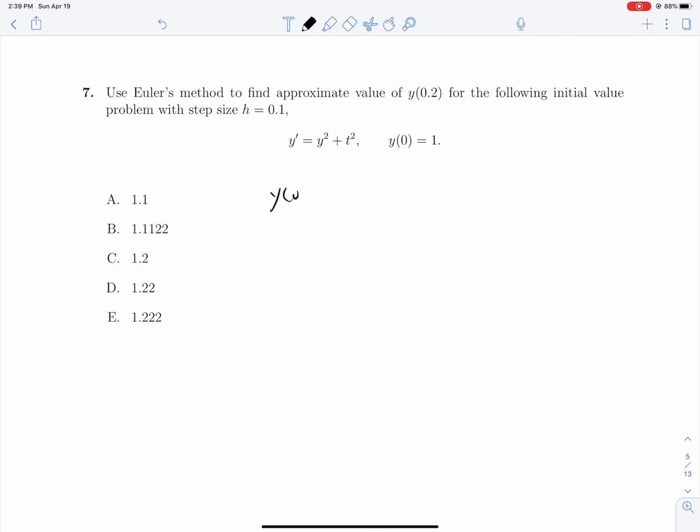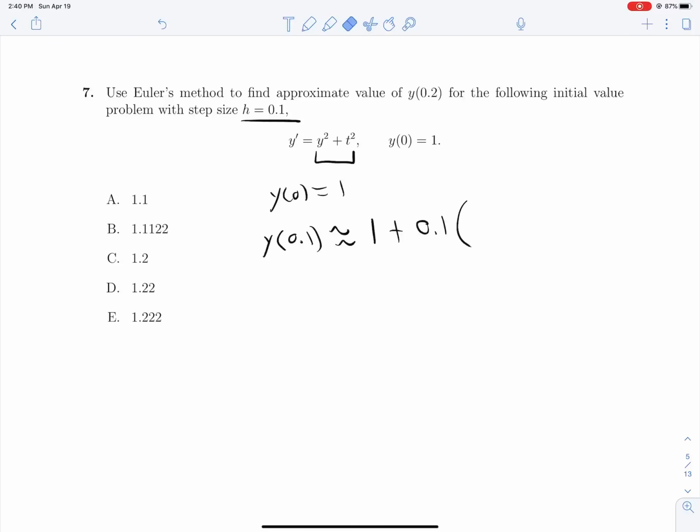So knowing that y at 0 is equal to 1, we can approximate y at 0.1, going up by 1 step size. We can approximate that as y at 0, which is 1, plus our step size of 0.1 multiplied by y prime evaluated at our most recent known approximation, or in this case, initial value.